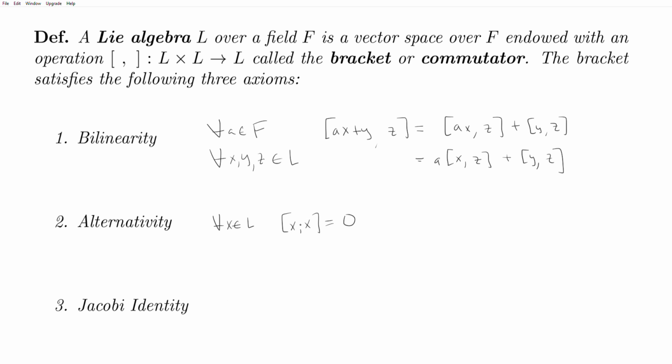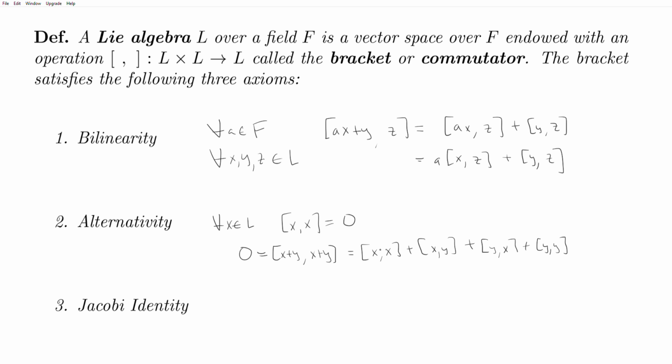An important result that follows from this is that if you take the vector, say, x plus y, where x and y are two vectors in our Lie algebra, then alternativity says that the bracket of x plus y with itself has to be equal to 0. However, if you use bilinearity, this is also equal to x bracket x plus x bracket y plus y bracket x plus y bracket y.